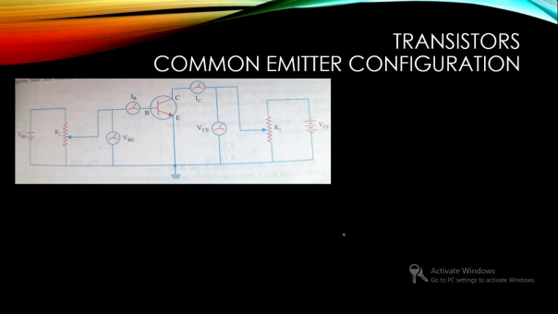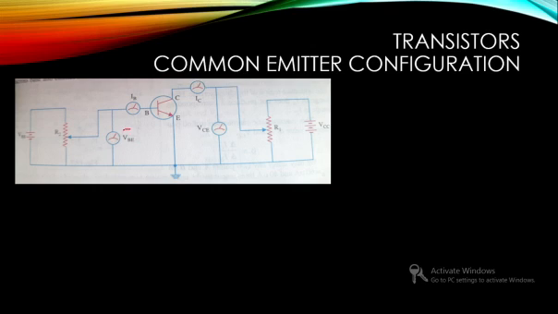Okay, so let us come back to the common emitter configuration. Here you can see we are applying a voltage VB, and the output is measured. The output circuit consists of a voltage VCC, and there is a voltmeter connected in the input circuit as well as in the output circuit.